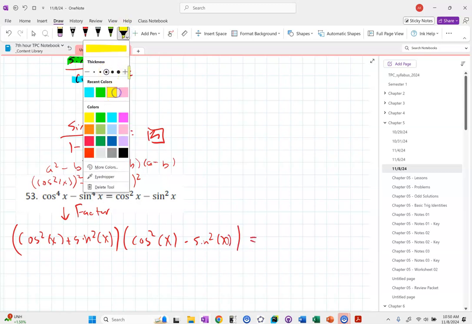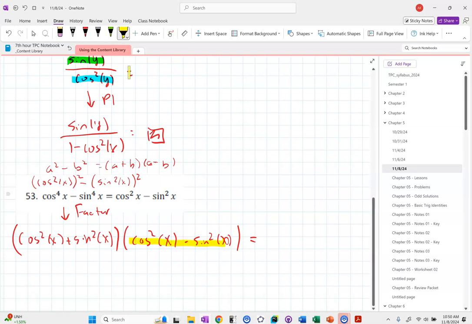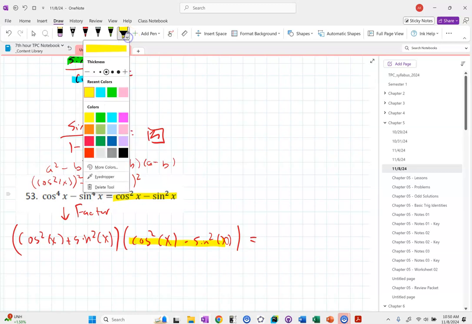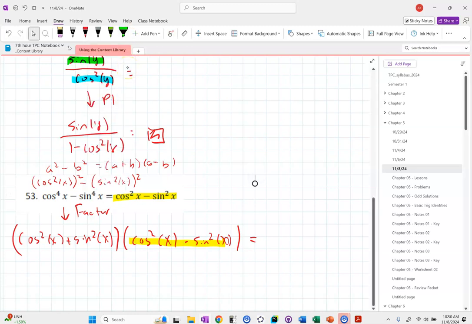And if I look to where I want to end up, I got that right there. So basically, it's not even an identity, I just factored. But I still have this thing. I got to get rid of that somehow. Yeah, that's just P1, right?